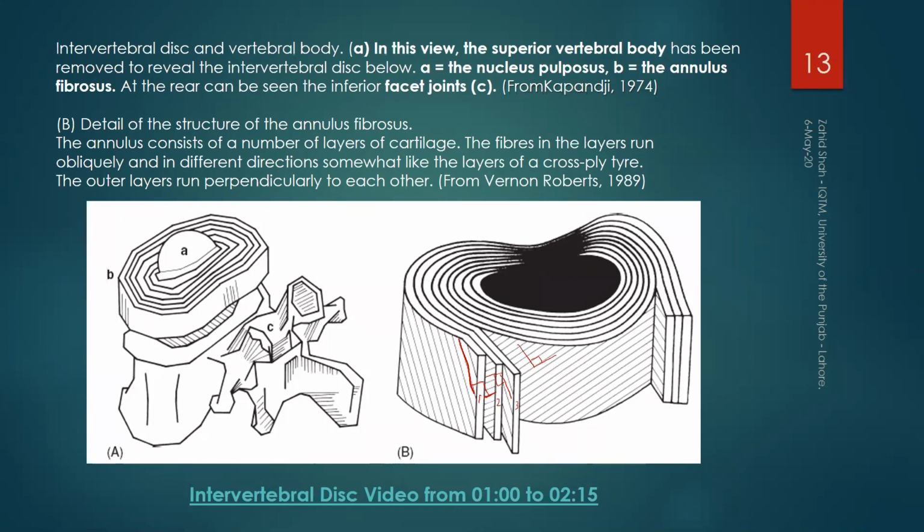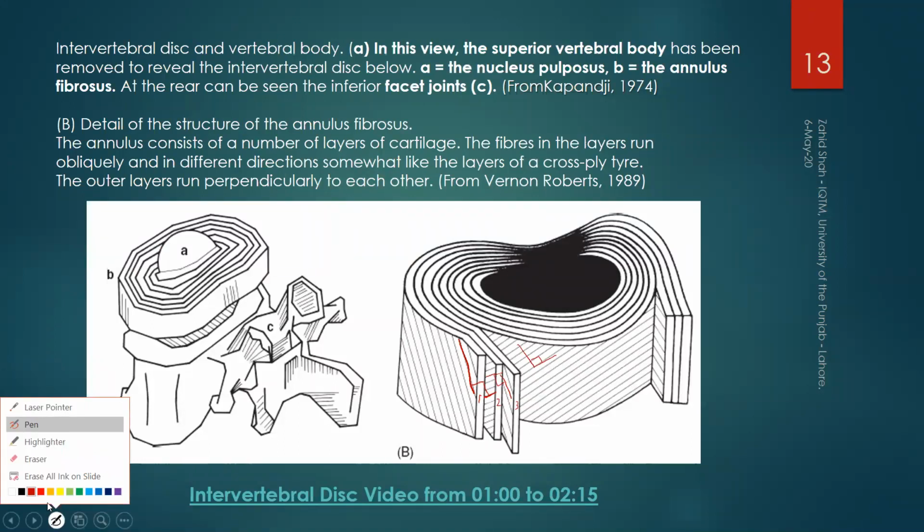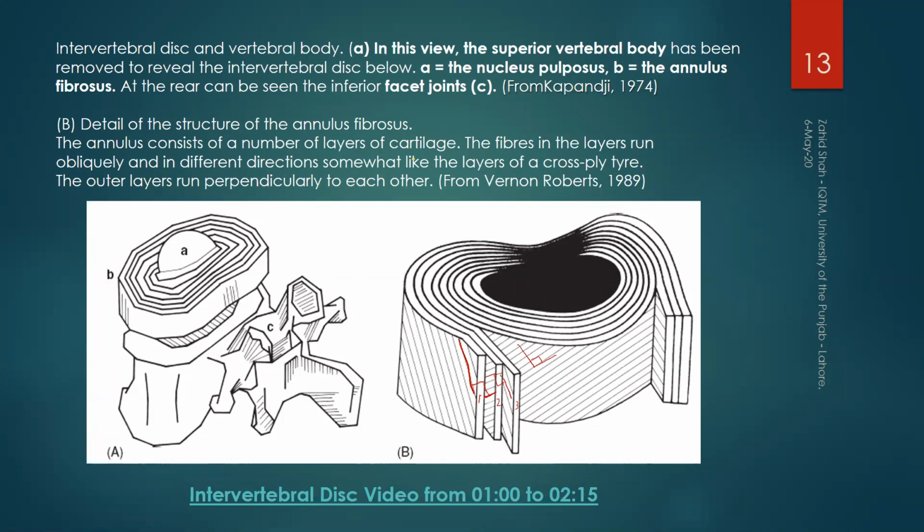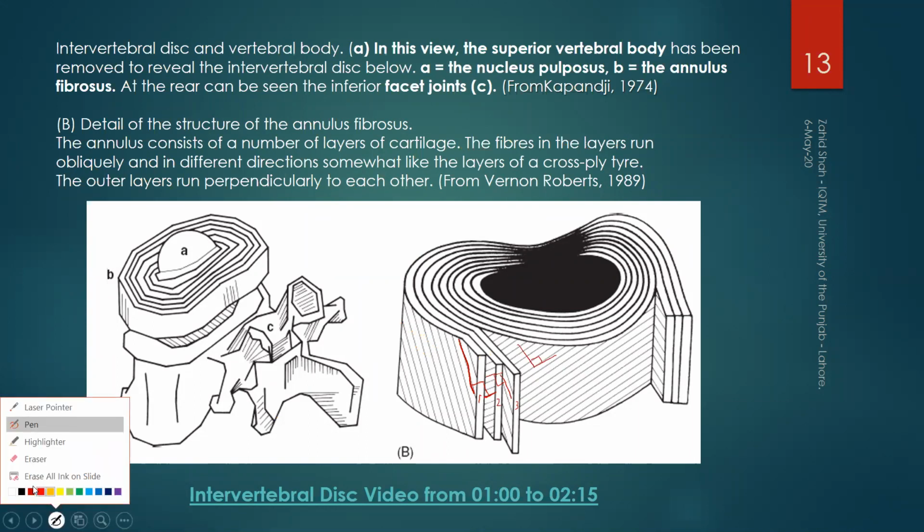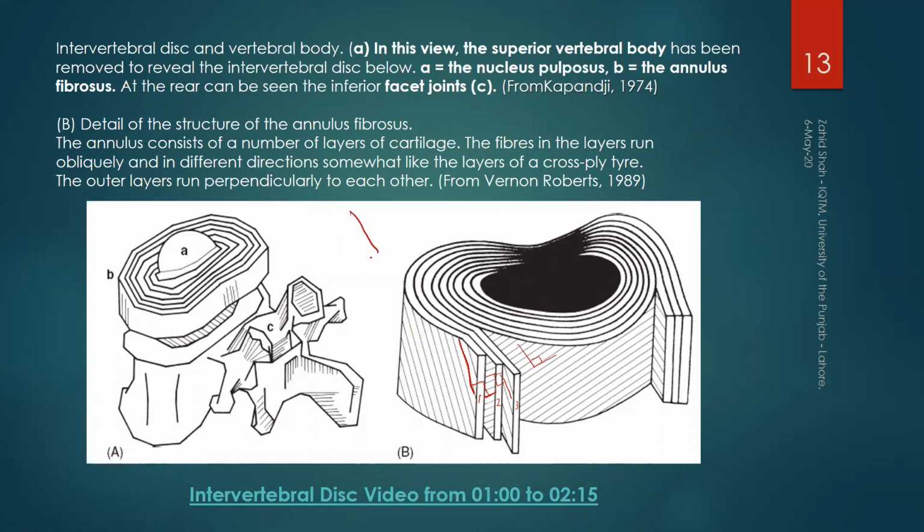So you can read from here that the annulus consists of a number of layers of cartilage. So by structure, your disc is a cartilage. The fibers in the layers run obliquely and in different directions. Again, I mentioned that in layer 1, they are at this angle.